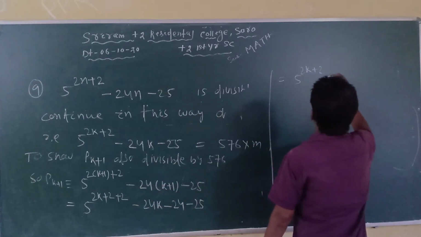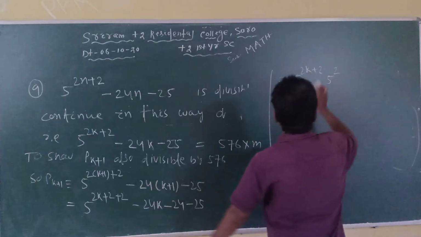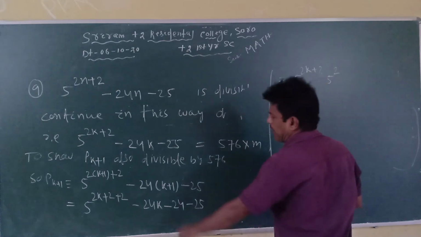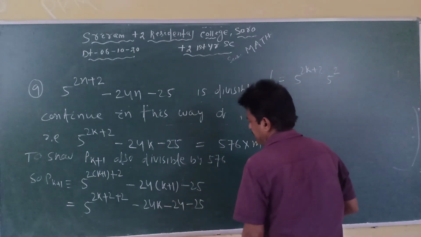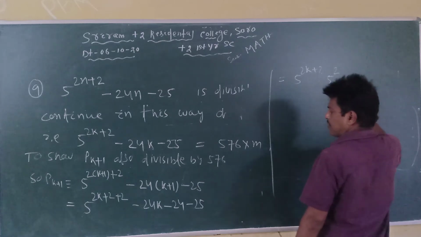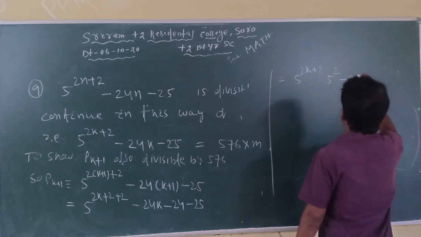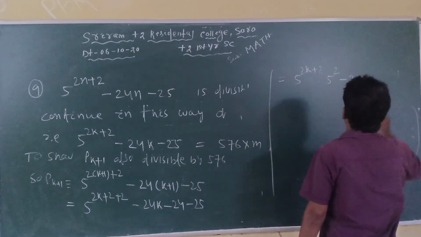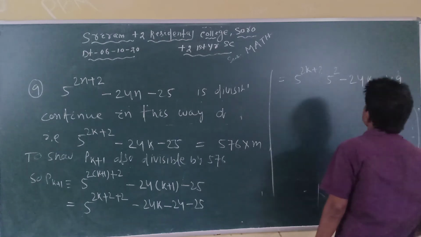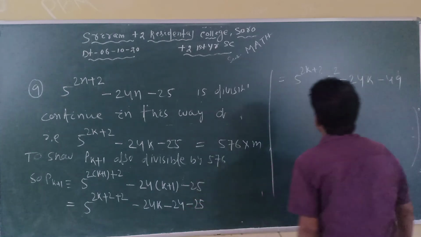You write here simply 5 squared, because 2k plus 2 is 5 squared, then minus 24k, minus 25, minus 49.